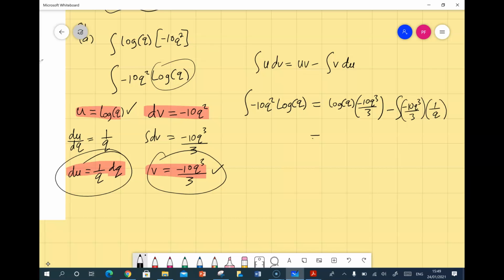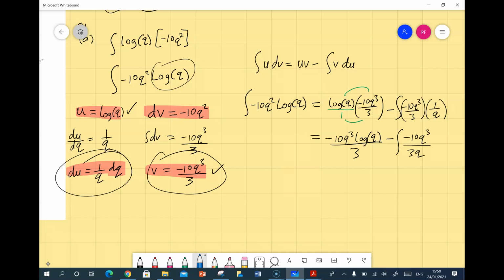Okay, time to start tidying up. So remember, log of q, if I want to write it as a fraction, is log of q over 1, and fractions top by top, bottom by bottom. So that is minus 10q cubed log of q, all over 3. Minus. So here, I'm multiplying my fractions, top by top, bottom by bottom: minus 10q cubed over 3q.